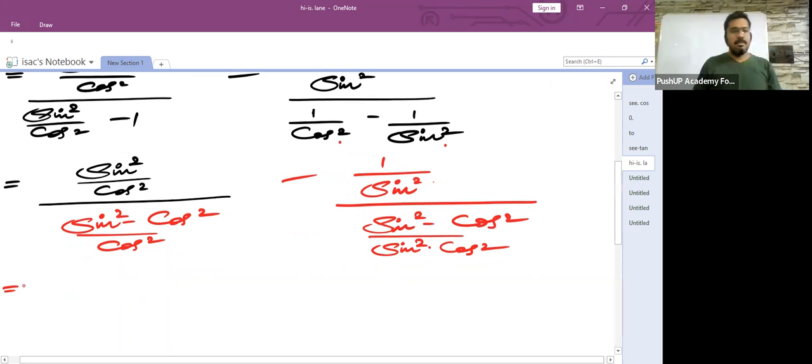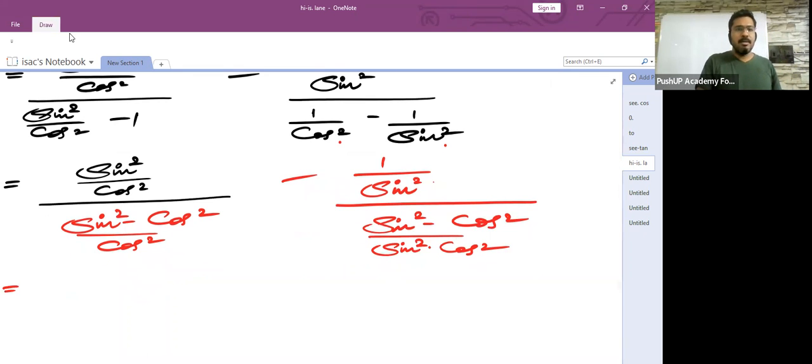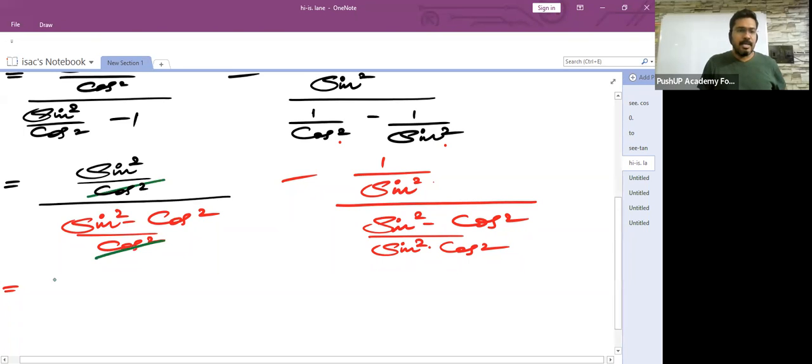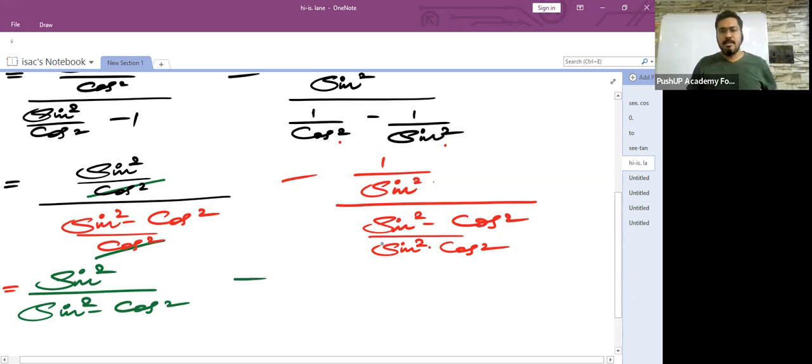Okay, basics. Now children, from here, why can't we just cancel cos square and cos square? We can cancel it. So it becomes sine square divided by sine square minus cos square minus, and here sine square and sine square will get cancelled. So cos square is left, no?